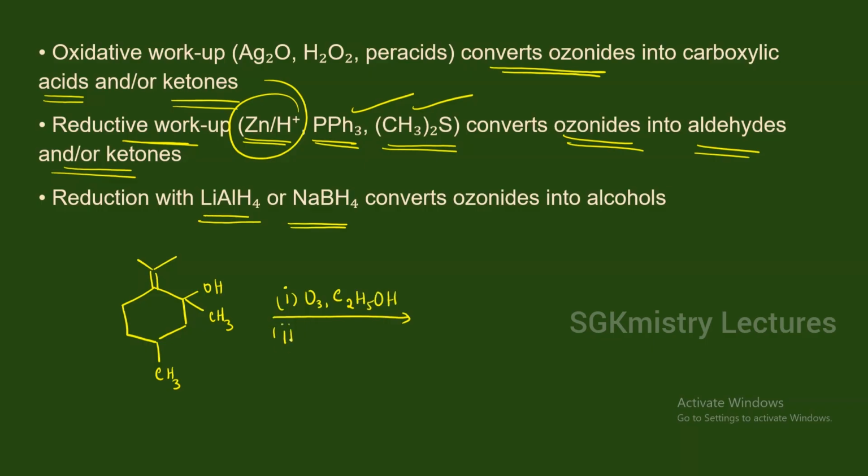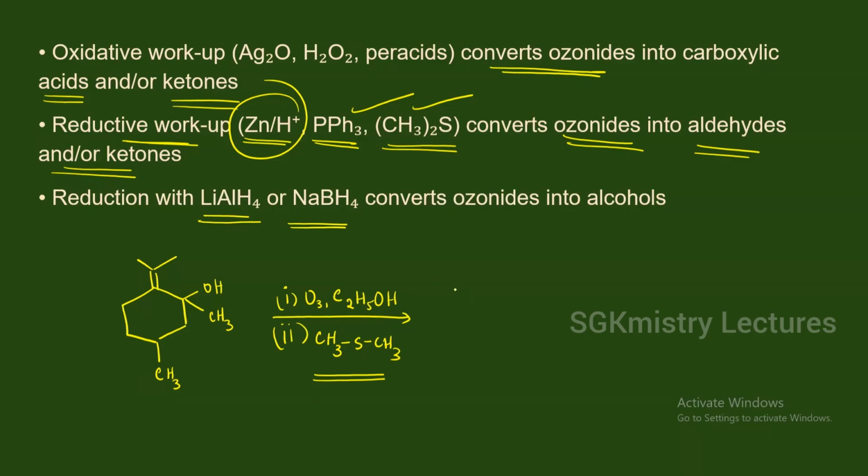And then the second step is you're going to reduce it in the presence of dimethyl sulfide. Whenever the ozone is added, we know that first of all, the ozonide formation takes place. Then here you have used the reducing agent. So reduction has to take place. If the reduction is taking place, then you're going to get the carbonyl compounds.